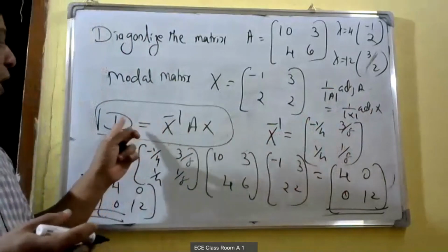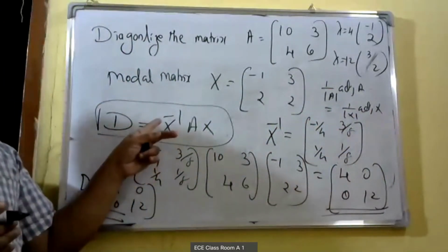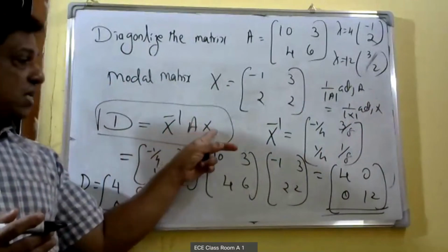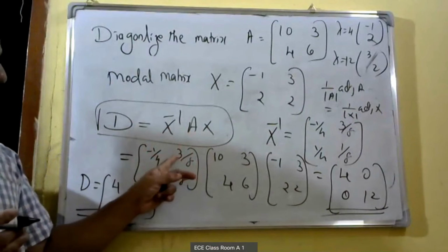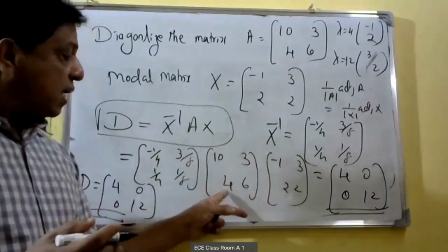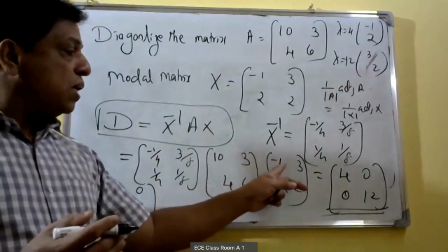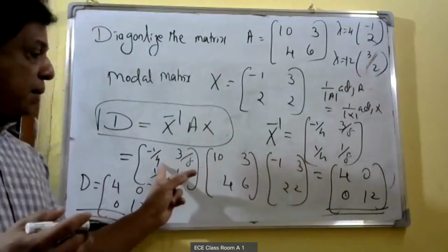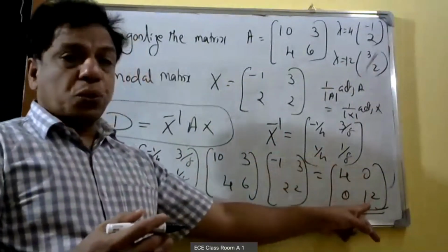Then to calculate D, the diagonalization of the given matrix, we use the formula X inverse A X. Here A is [10, 3; 4, 6] and X is [minus 1, 3; 2, 2]. Multiplying these, we get the result [4, 0; 0, 12].